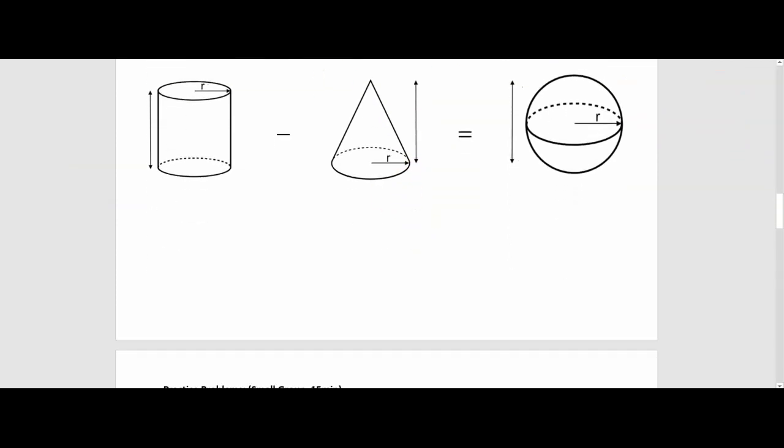There we go. Volume of a cylinder, pi r squared times h, minus the volume of a cone, which is 1/3 pi r squared times h. That's going to be equal to the volume of a sphere.